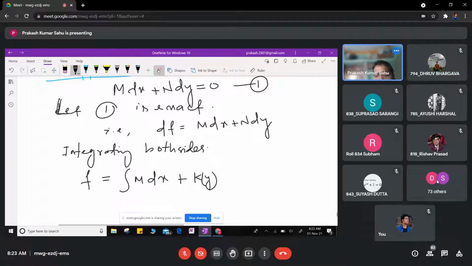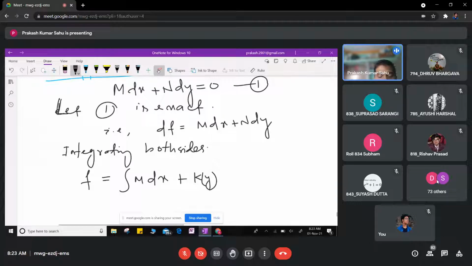Because when we look at a two variable function, suppose m of x, y, two independent variables are there. M is a function of x and y. When we integrate with respect to x, your y is a constant. And when you integrate with respect to y, then x is a constant.